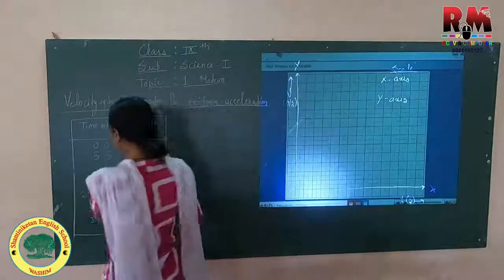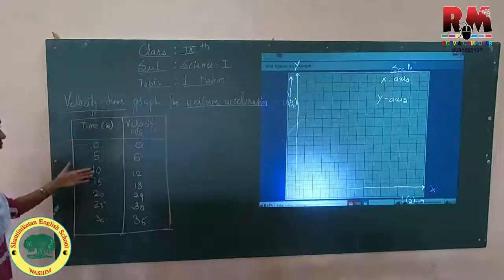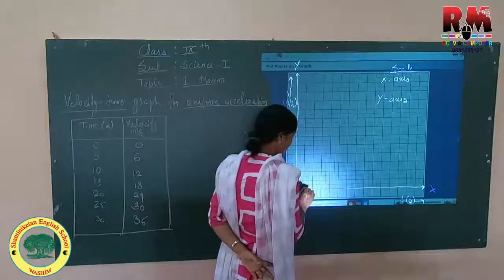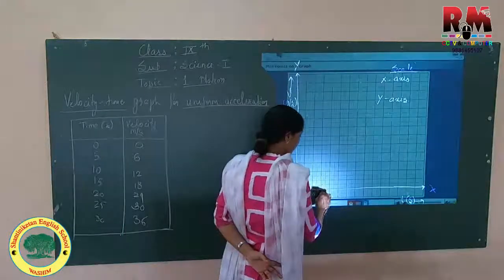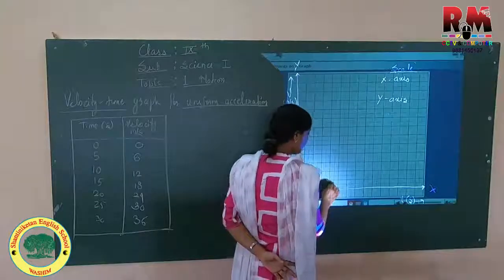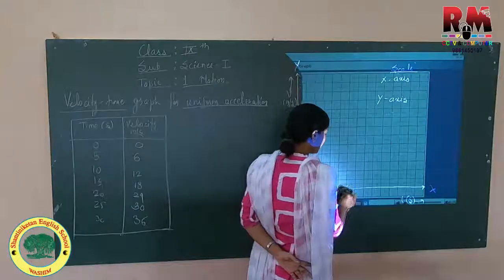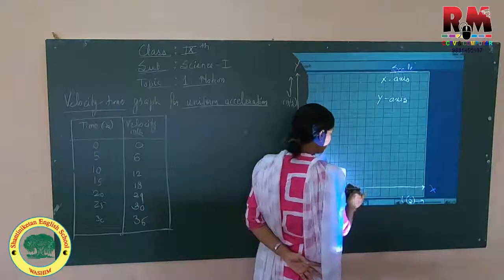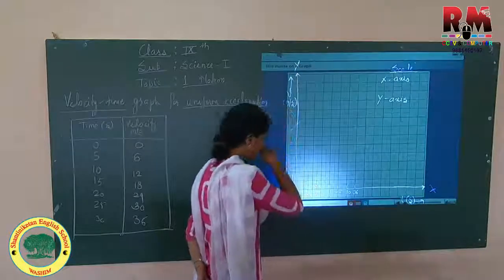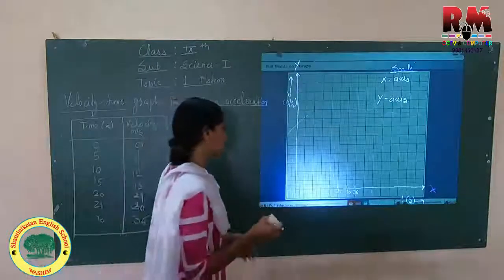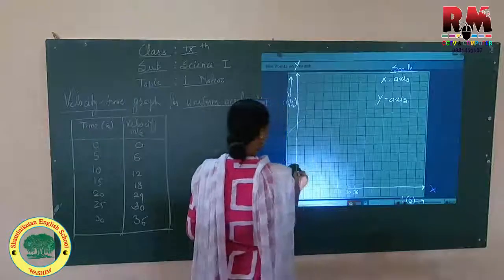Here the difference is of 5, so it's simple: 5, 10, 15, 20, 25, 30, 36. You may take 2, 2 also, children. Better we'll take 2, 2, or we can keep it like this.